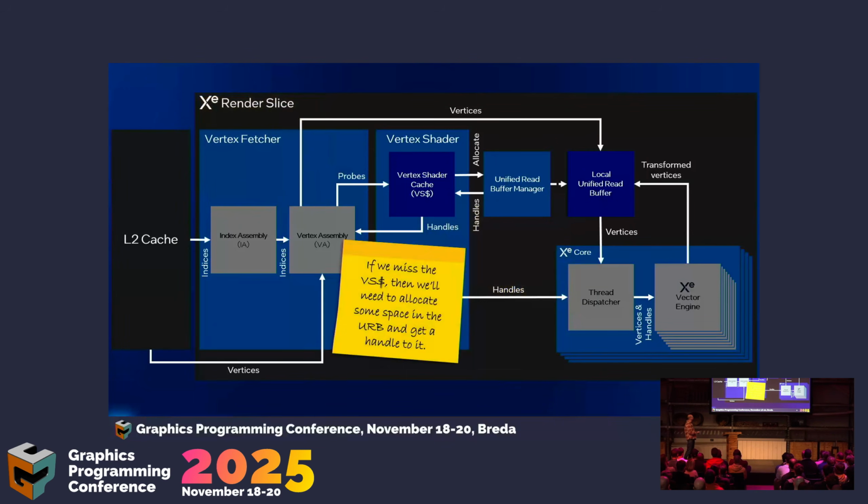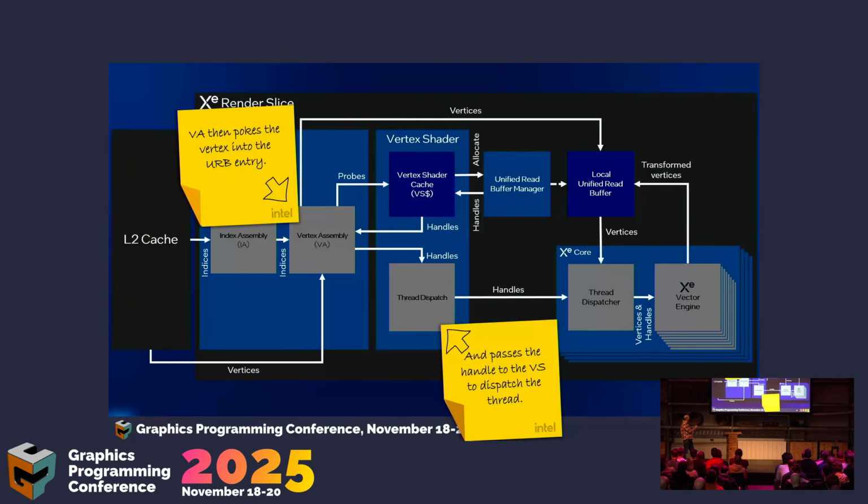If we didn't see it, we're going to allocate space in our little memory that we have for the vertices, and then fetch that data and poke it into that URB. So we allocate, check the cache. If it misses, allocate, handle comes back, vertex comes in, and then we poke that into this URB.